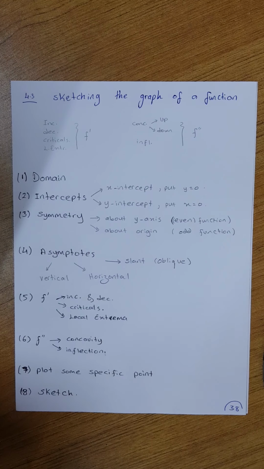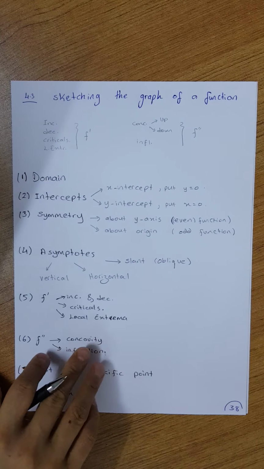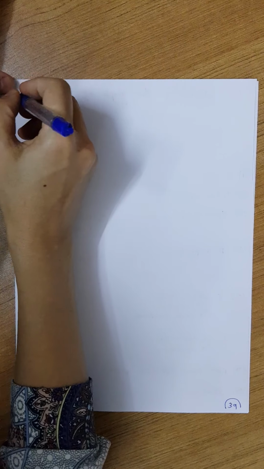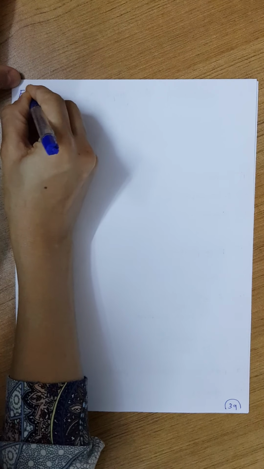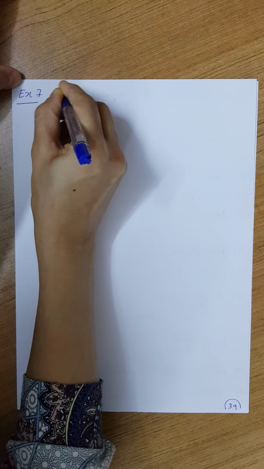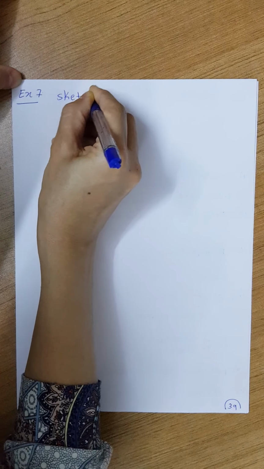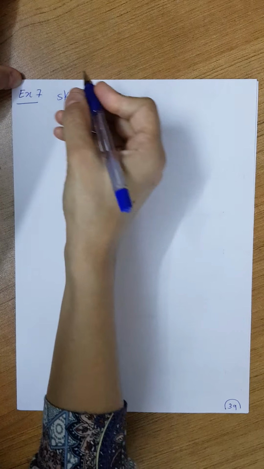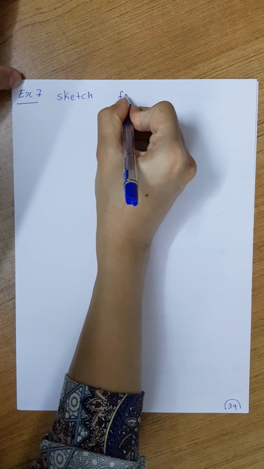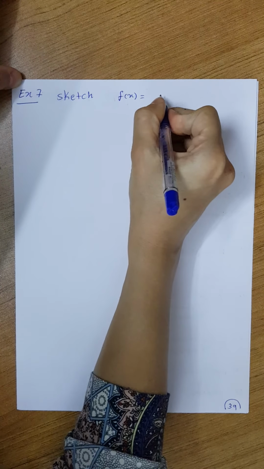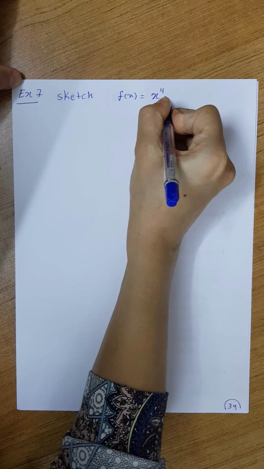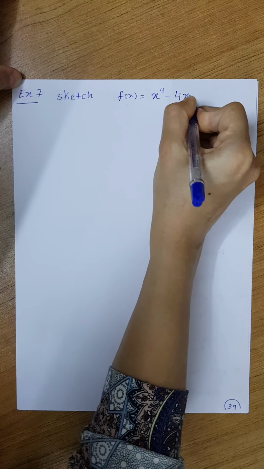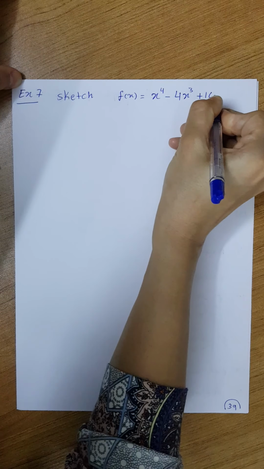Let's do this on a given example. Let's see how this works. The first example that you have in the course material is example 7. Sketch f of x equal to x to the power of 4 minus 4x to the power of 3 plus 10.